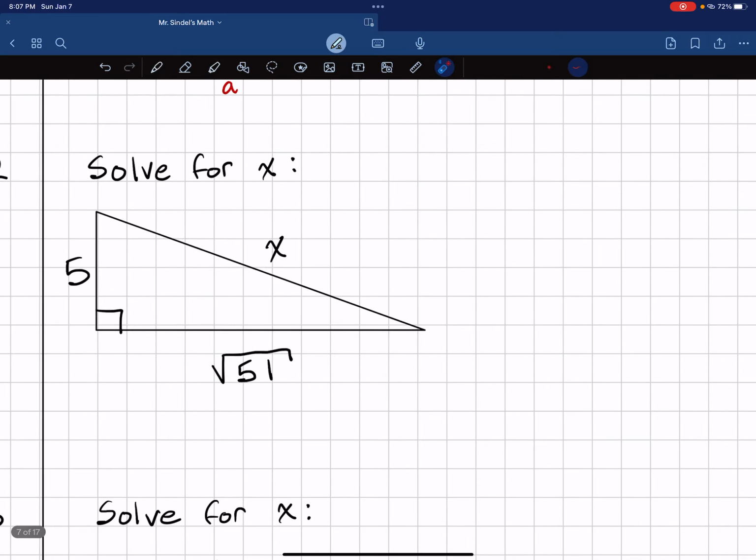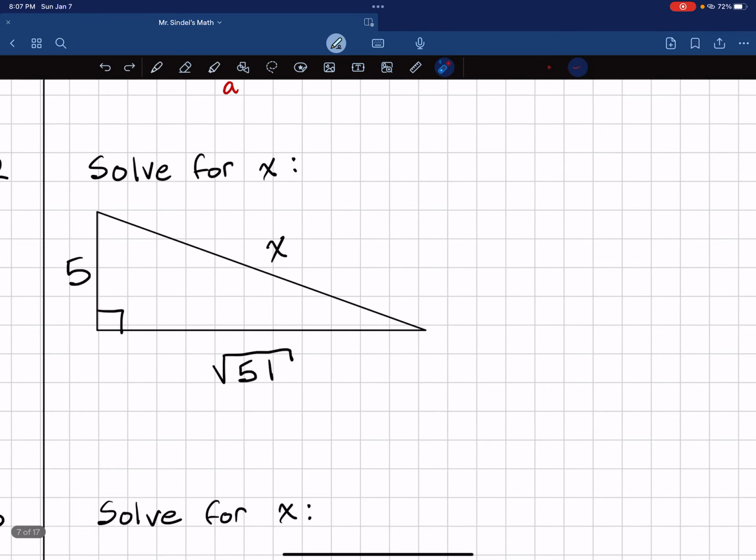Let's set up the Pythagorean theorem using the fact that we have a right triangle and see what we get. We're going to have a squared plus b squared equal to c squared, and I'm just going to say you're a, you're b, you're c. Again, I could have said this is a and this is b. It doesn't matter, they're interchangeable.